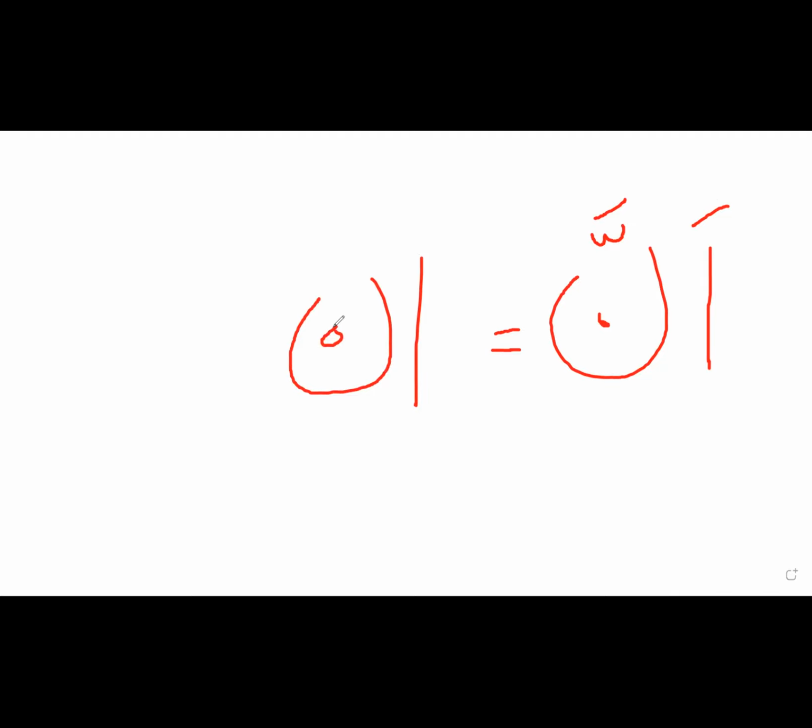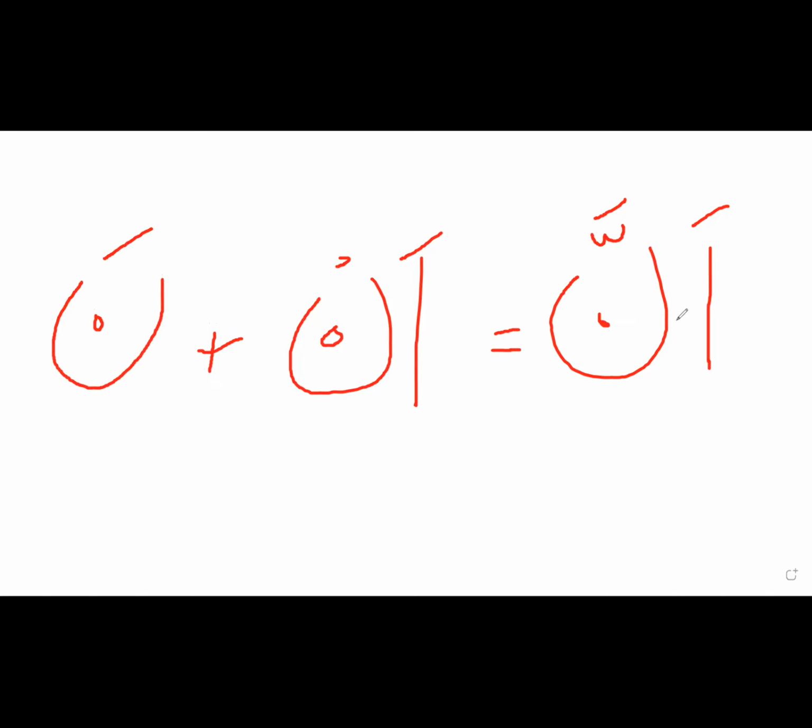You are joining this Aleph with this Noon, and then, as Tajdeed is showing, there is one more Noon inside. So there will be one more Noon here, which you will read separately with this Fatha sign.